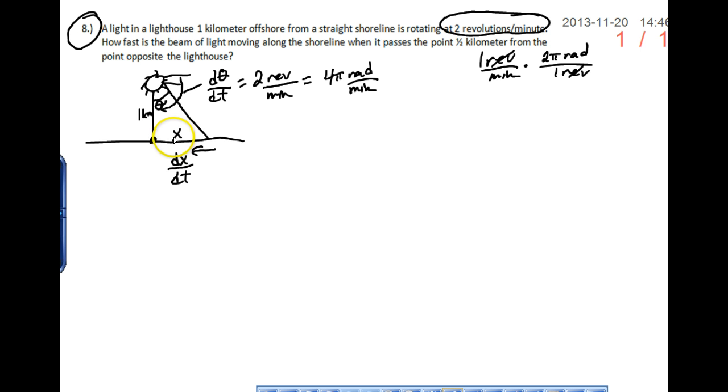So now, if we look at our problem, how are x and theta related? Well, they're related by a tangent ratio, right? Tangent of theta would be equal to x over 1, or just x. So tangent of theta equals just x. Now, once I write my equation, I'm ready to take the derivative implicitly with respect to time.